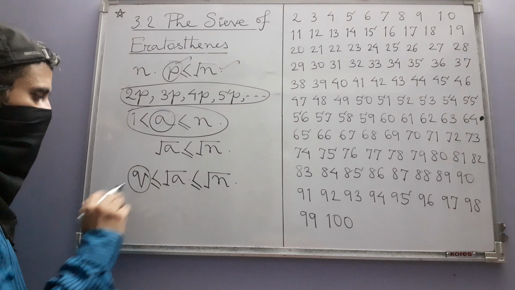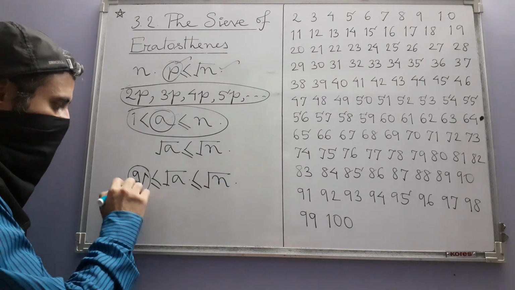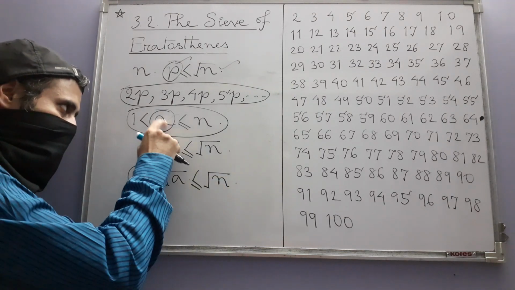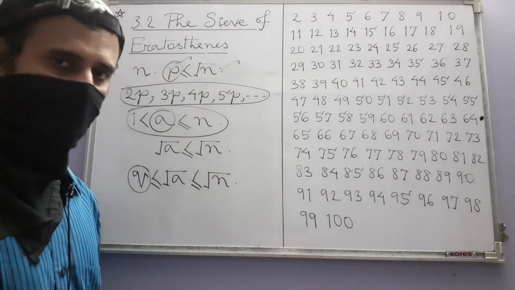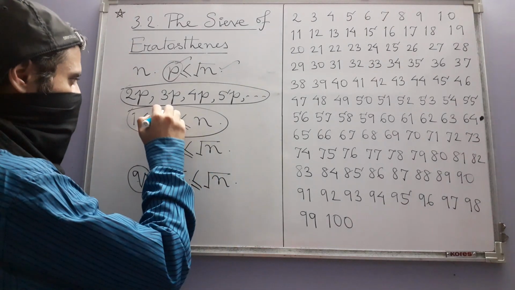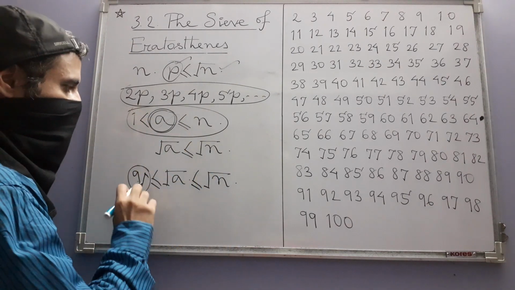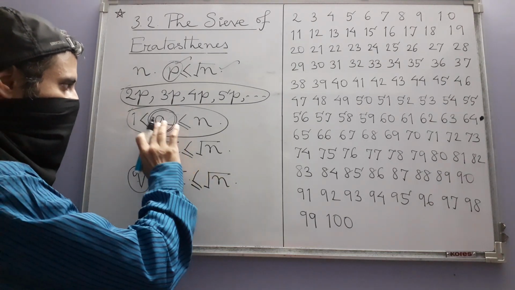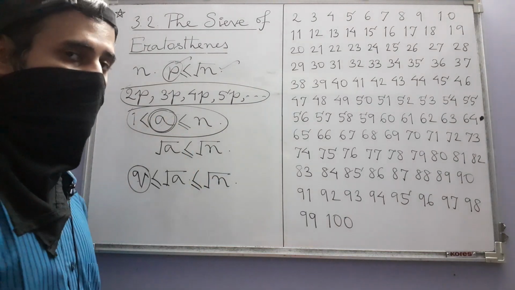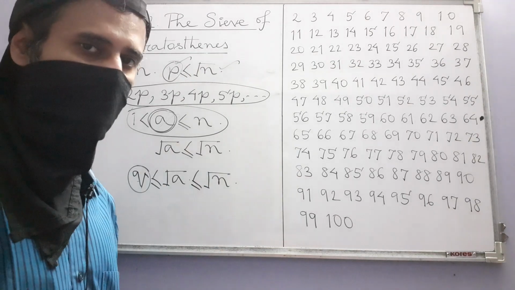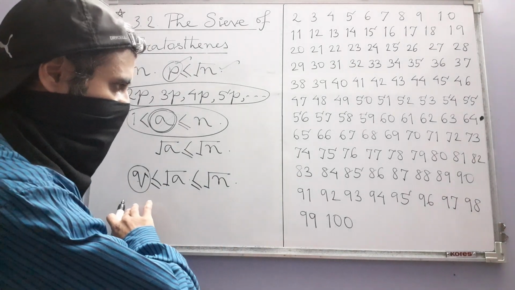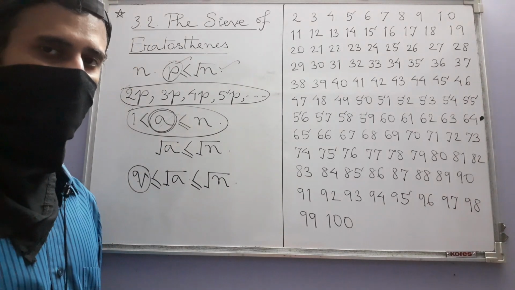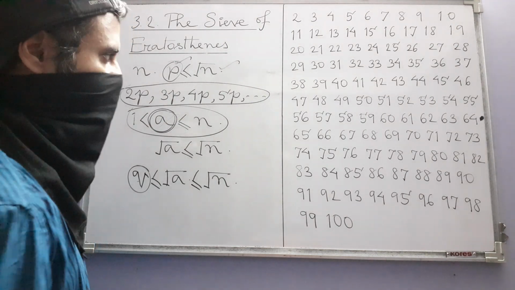Because when you remove the higher multiples of q, one of them is a itself. So that's how in that process, no composite integer satisfying these inequalities will survive. They will fall through the sieve, and whatever remain, they are the prime numbers not exceeding n.